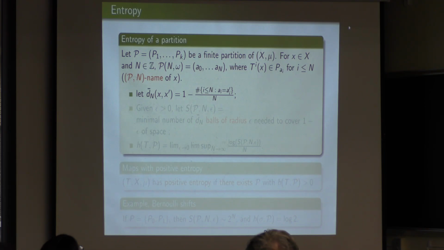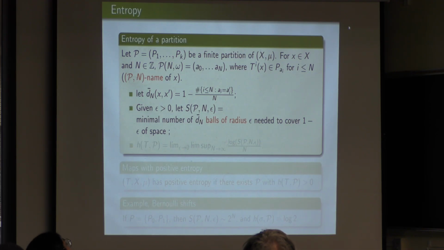For example, if they agree everywhere, the number I subtract there is 1, and therefore they are the same. It's not a true metric, but it's good enough to define entropy. That's the main part of defining entropy, and after that everything is more or less easy. Just the definition.